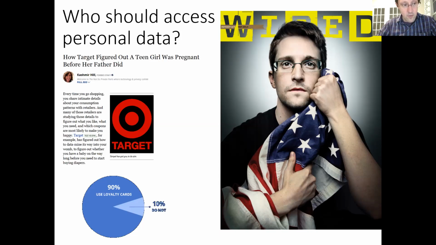So there are those questions, and indeed, in many cases, the US versus European countries will have differing viewpoints on things like this. Also, in some ways a contrast between the US and other countries, we see on the other half of the image here a cover from Wired magazine of a fellow named Edward Snowden.